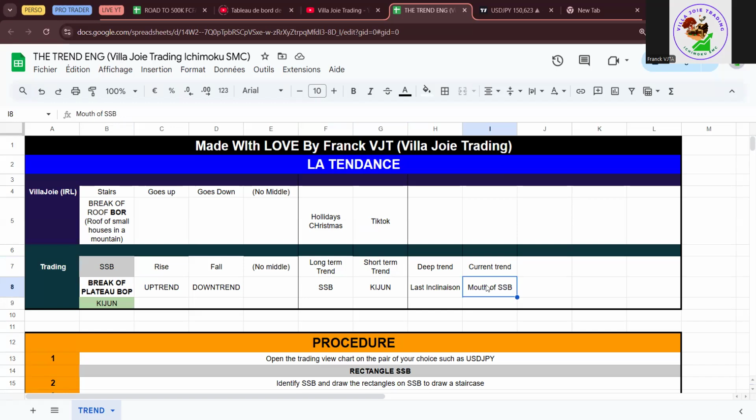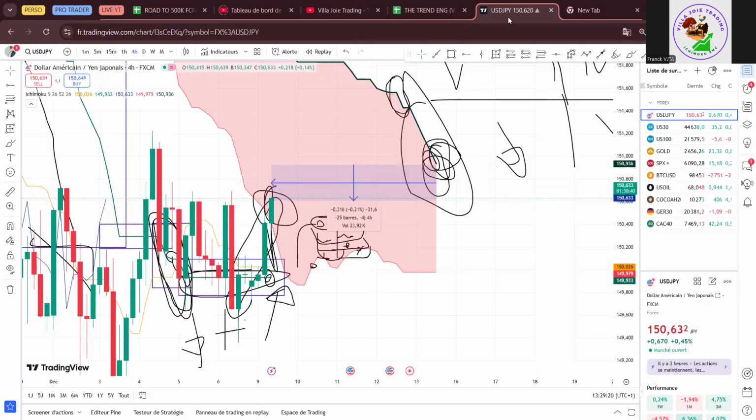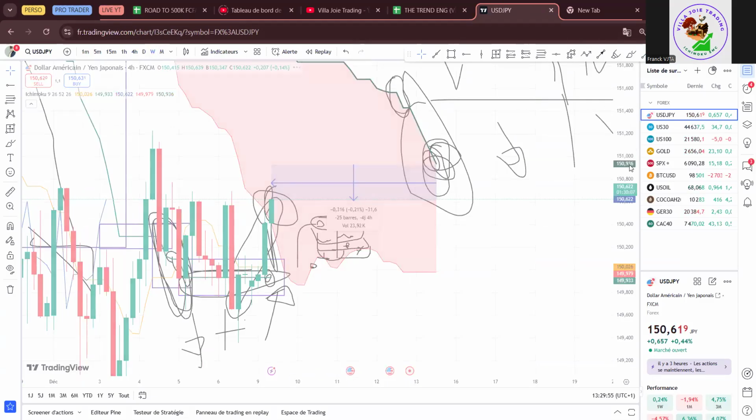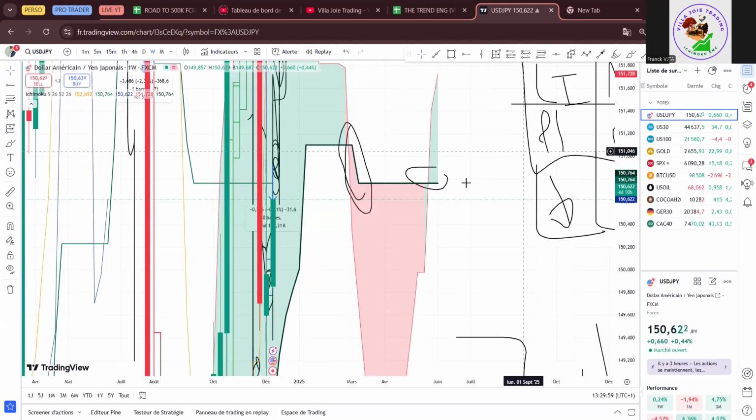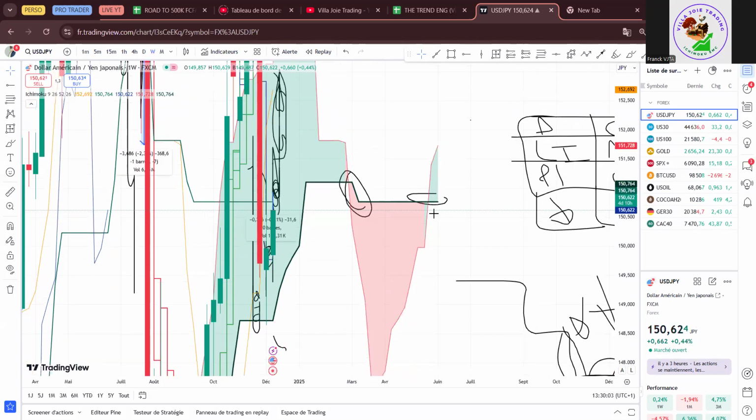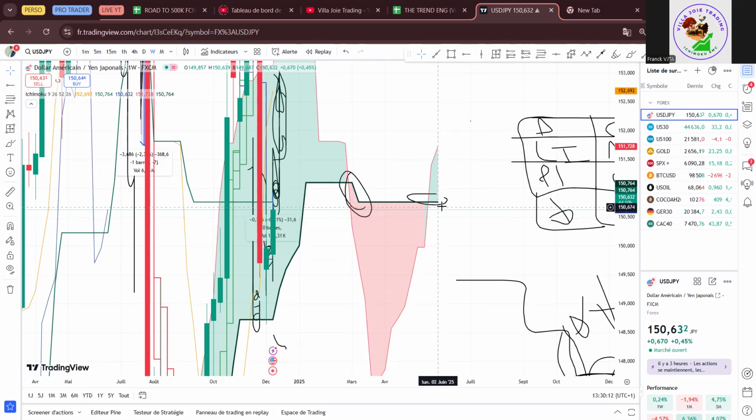So you look at the mouth of the cloud like this. You look at the mouth here to know the current trend. The mouth is the last printed Ichimoku point, this one to the right side. This is it.